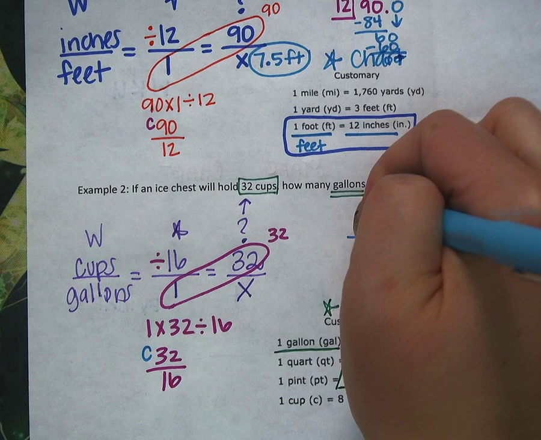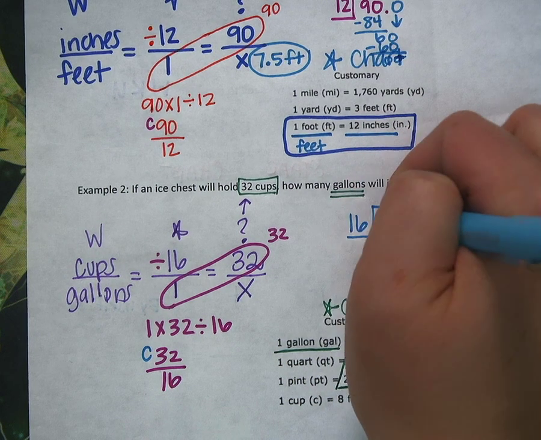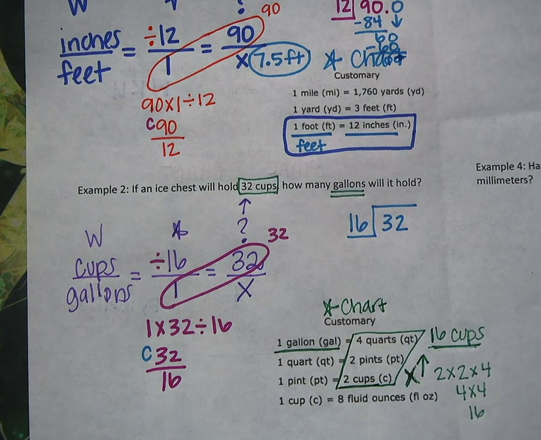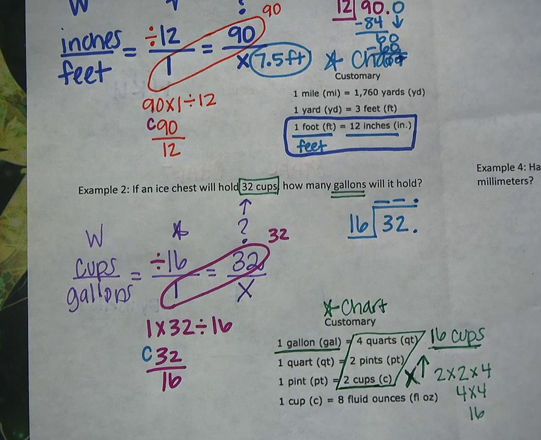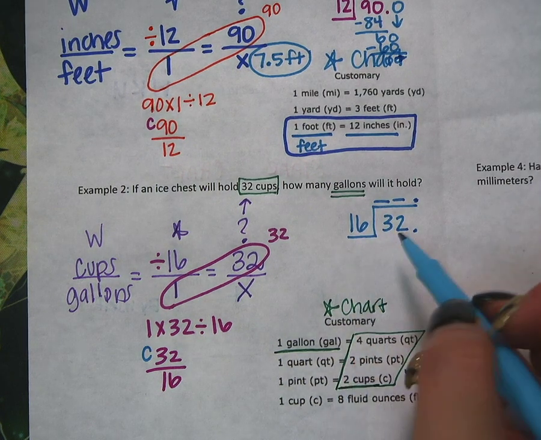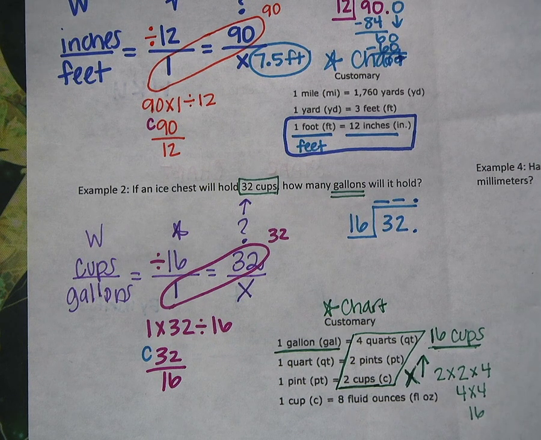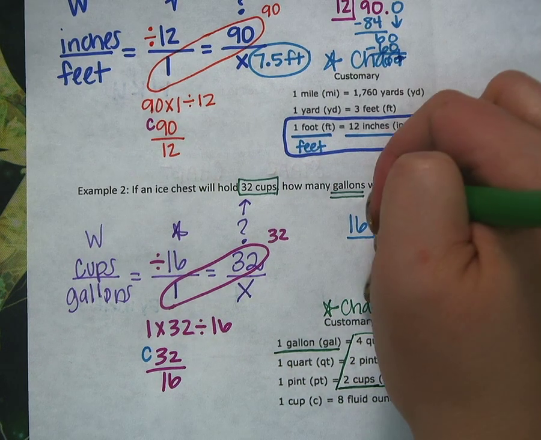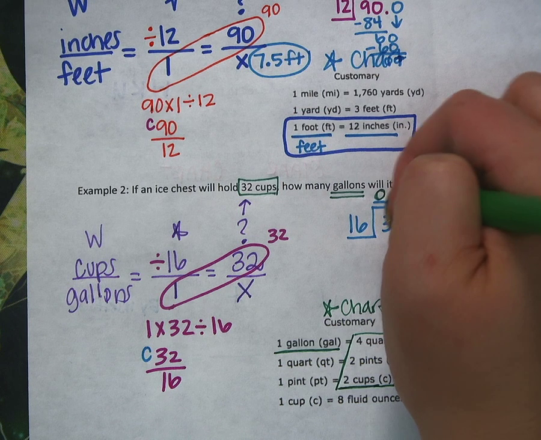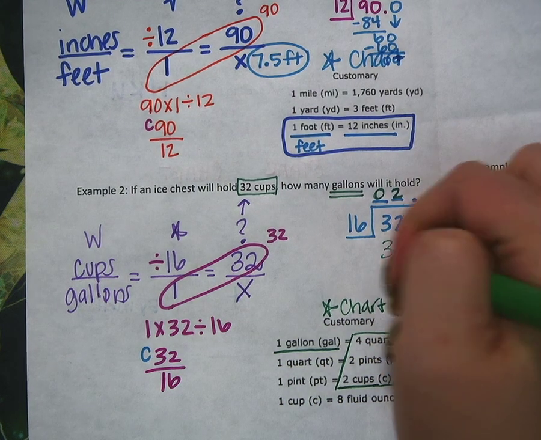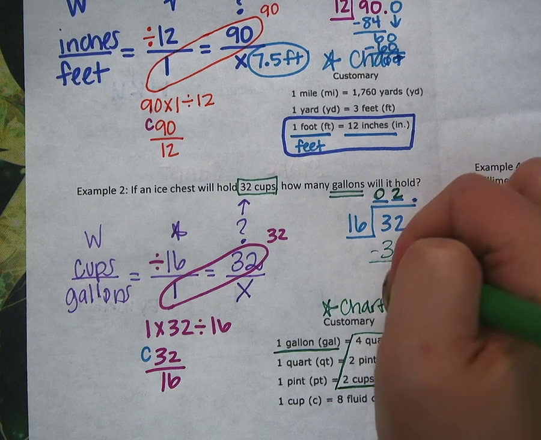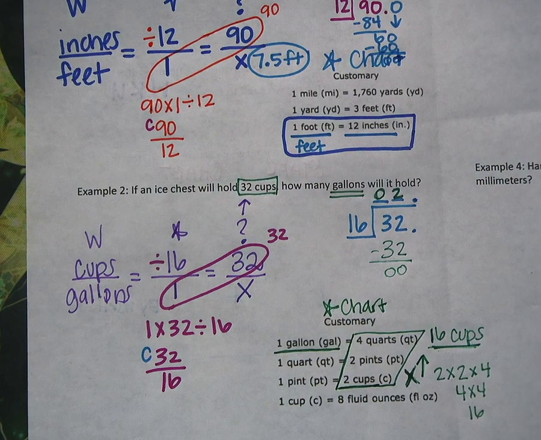I set it up. 16 goes outside, 32 goes inside, boots, hat, set the table. Can 16 people sit in 3 chairs? No, but they can sit in 32 chairs twice. 2 times 16 is 32, and I end up with 0.